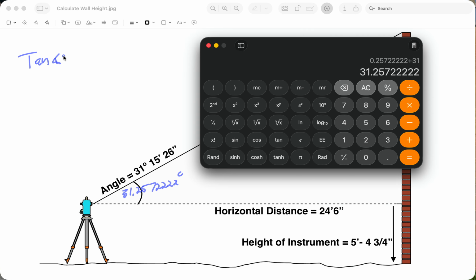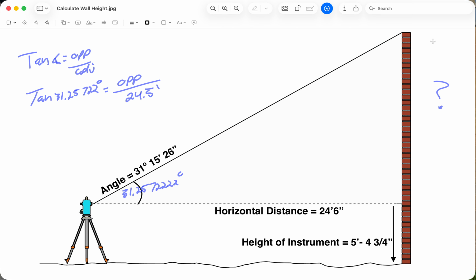If we look at our formula, we have tan of our angle is equal to opposite over adjacent. Opposite is the unknown side, adjacent is 24.5 feet. So tan of 31.25722 degrees is equal to opposite over 24.5 feet.